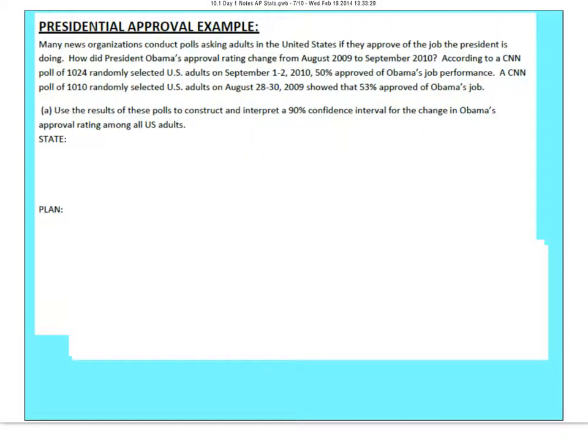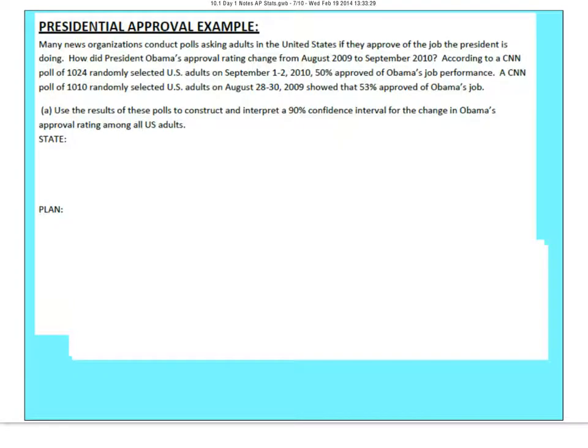Let's walk through one complete example using state, plan, do, and conclude. Presidential approval here. Many news organizations conduct polls asking adults in the U.S. if they approve of the job the president is doing. How did President Obama's approval rating change from August of 2009 to September of 2010?